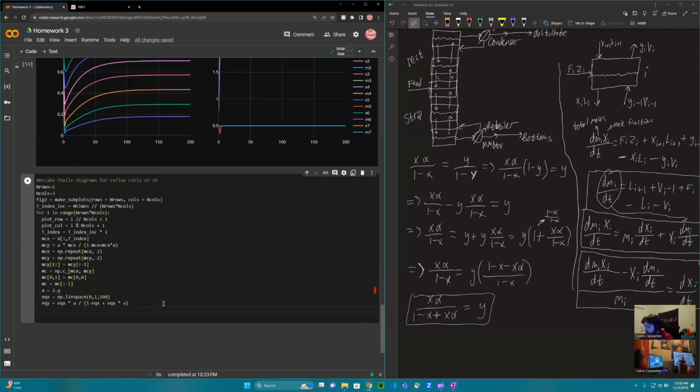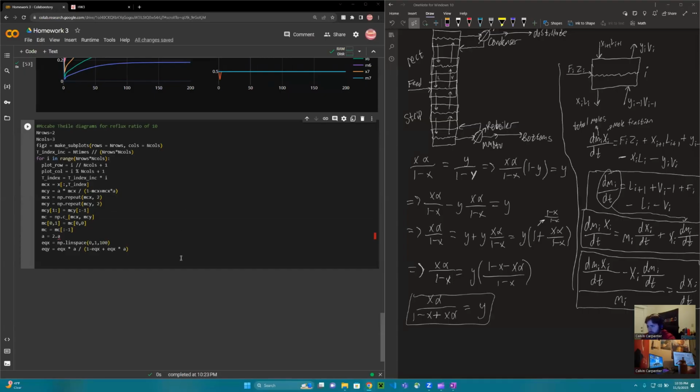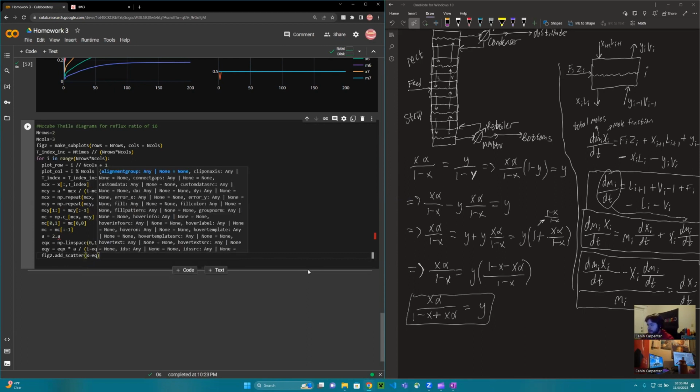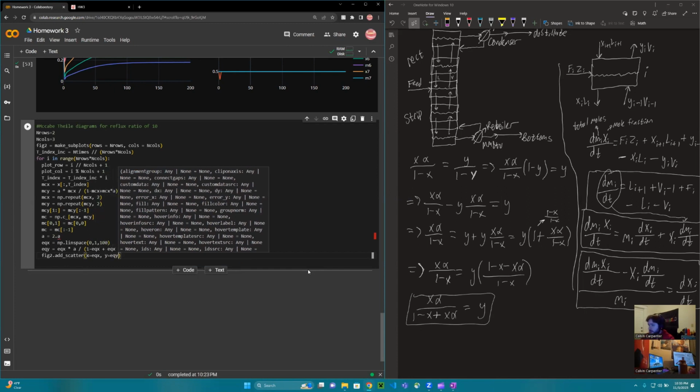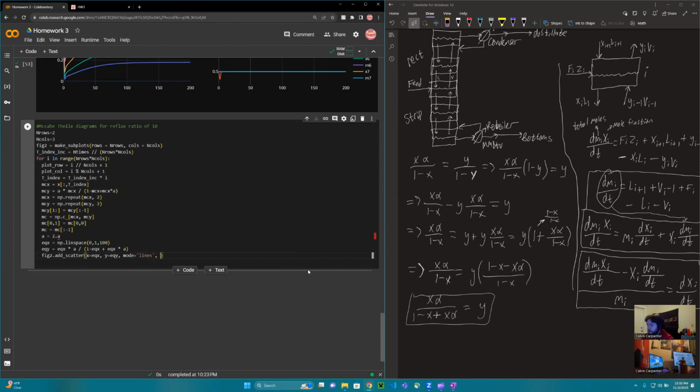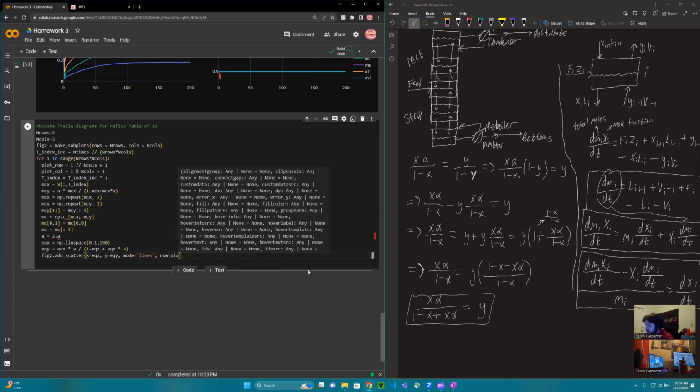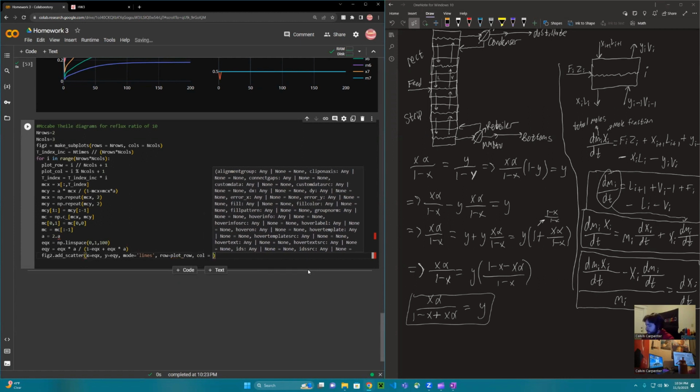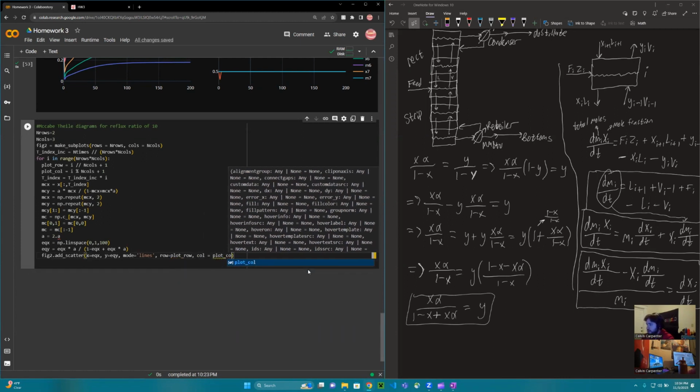Next is fig2.add_scatter. This is equal to EQX, EQY. Those lines, as always. Row is equal to plot_row, and then col equal to plot_col.